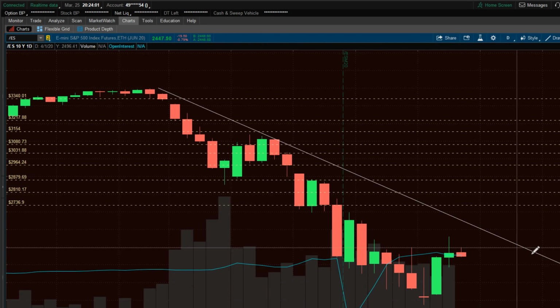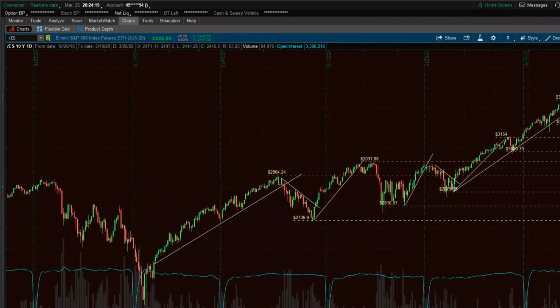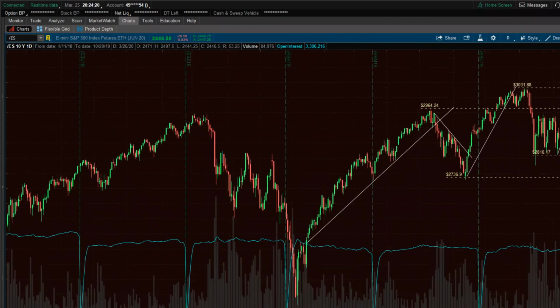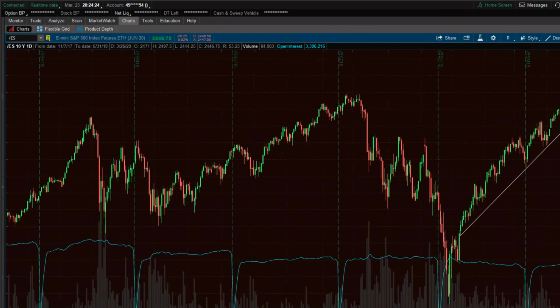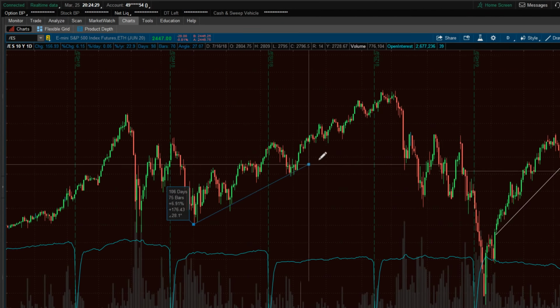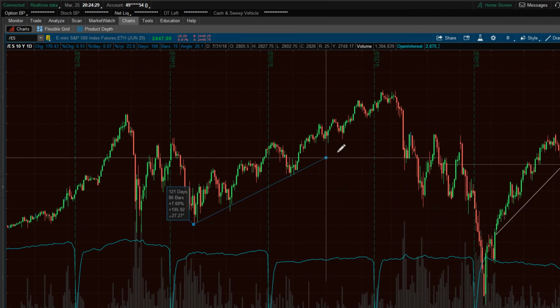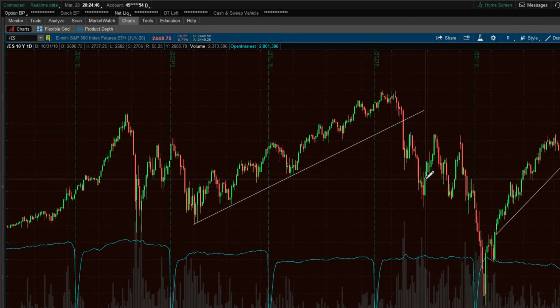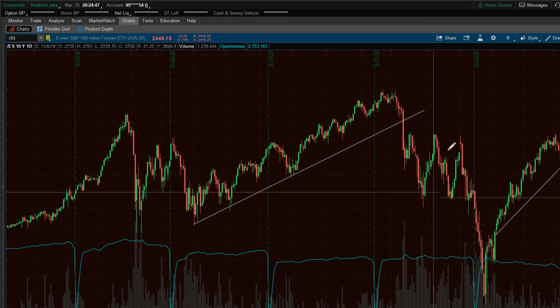All right, so that is trend lines. And you can see that's a really simple concept that I think pretty much everybody can grasp. And like I said, if you only learn how to draw trend lines correctly, I think you can be a profitable trader just being patient and using this one skill.